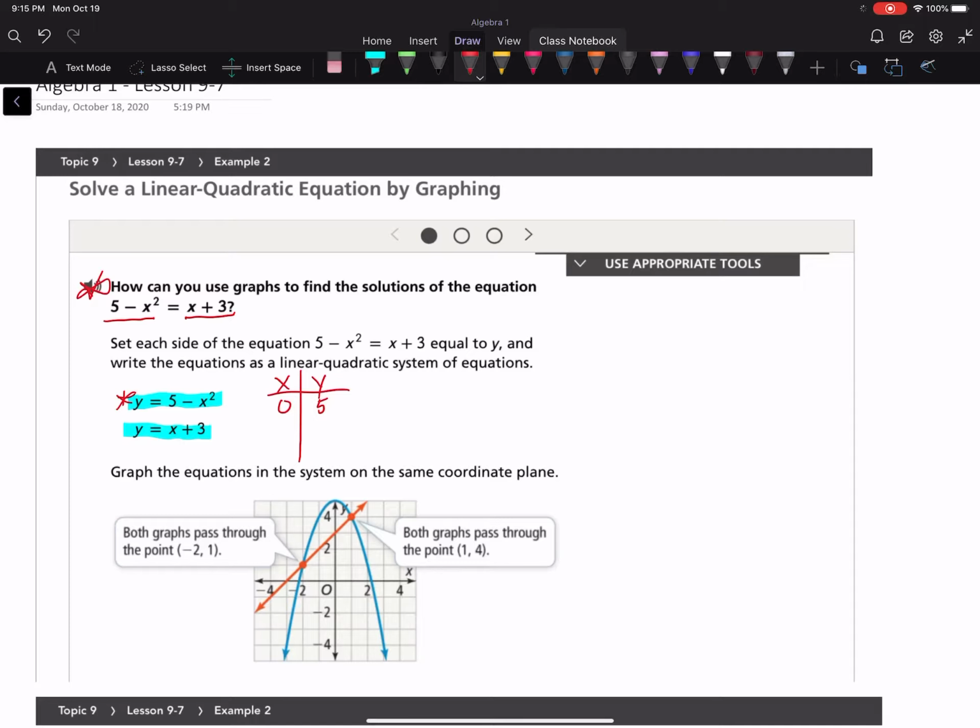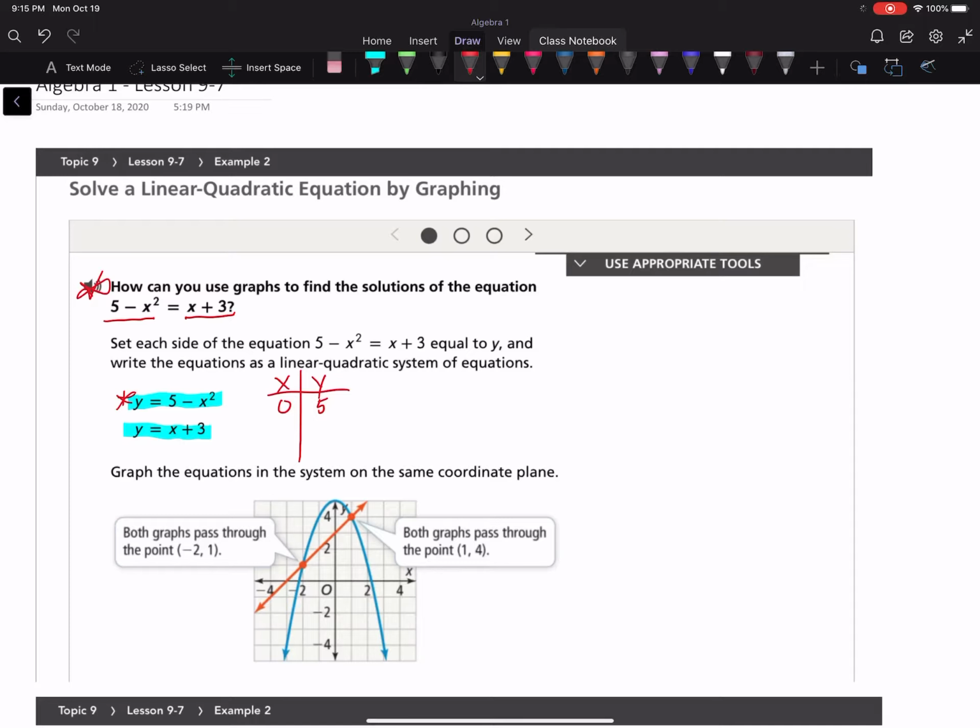Of course you can do this in your calculator. I will show you how. But they do it by hand to graph the quadratic one. I'll let this one be the red one. Your vertex would be 0, 5.